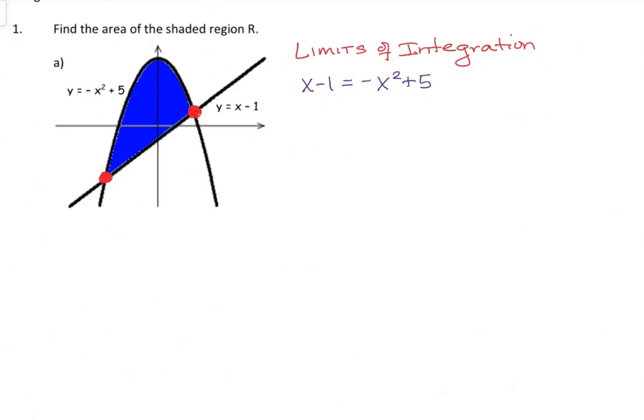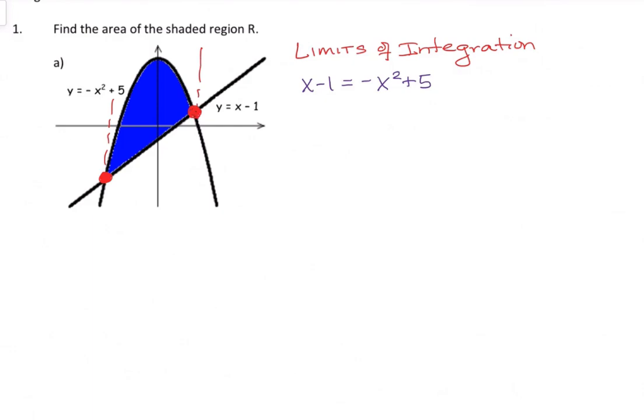That would be those intersection points. Algebraically, I can find the value of those ordered pairs by setting my functions equal to each other. And I just need the x value. So I don't need the entire ordered pair of those 2 points, just the x value, so that I know what my closed interval is and what my limits of integration are.